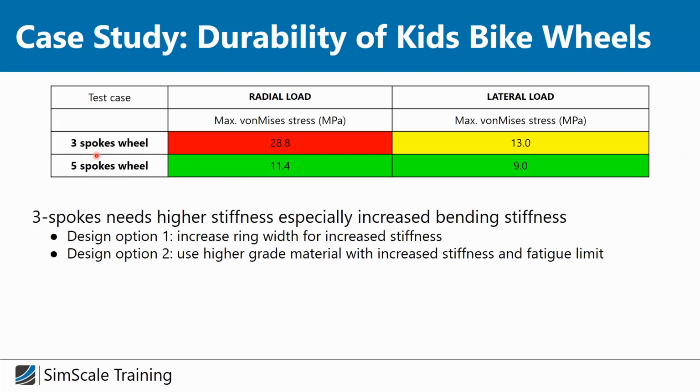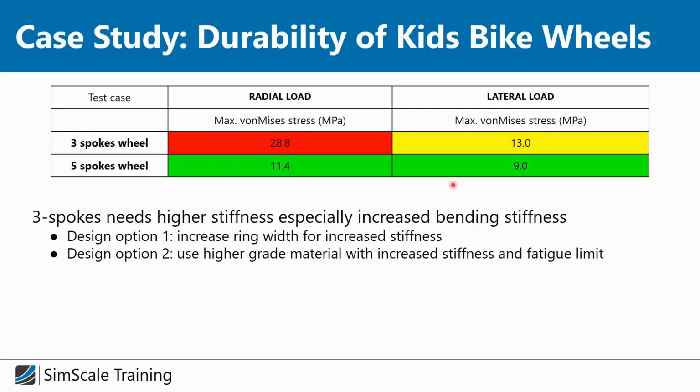With the 3-spoke wheel, we are even reaching the total yield strength at the beginning, which means, in simple words, that the 3-spoke wheel will crack for radial load just because of the load peaks in the short term, and in the long term also crack because of the lateral loads, while a design with 5 spokes will not crack for radial or lateral loads, independent of whether we're talking about a long time load or a short time peak load.